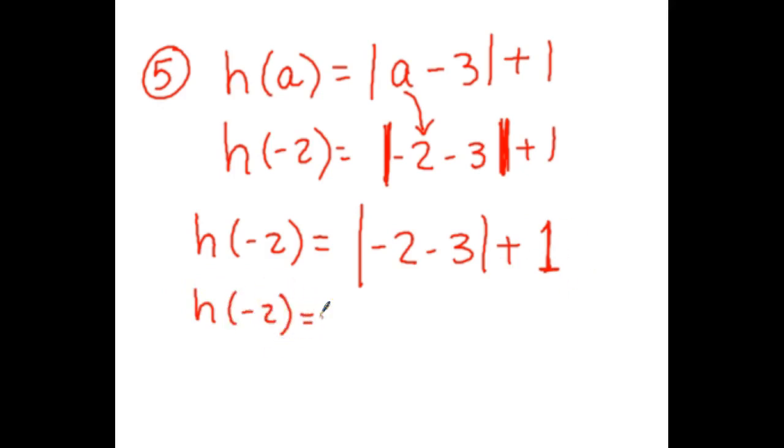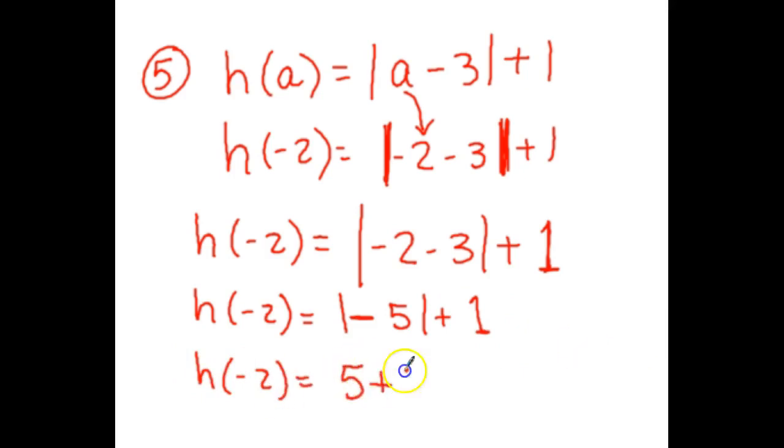Well, if you add those together, that's going to give you the absolute value of -5 plus the number 1. Way back in September, we learned that the absolute value does absolutely nothing to positive numbers, but negative numbers are changed to positive numbers because the definition of an absolute value is how far away from 0 are you.